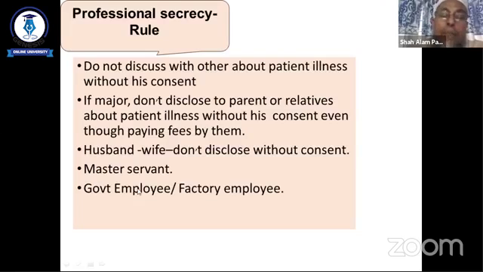If a government employee came to you for any purpose, he has the right of professional secrecy.